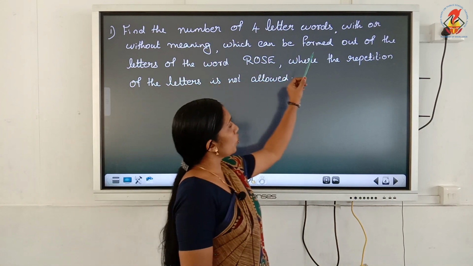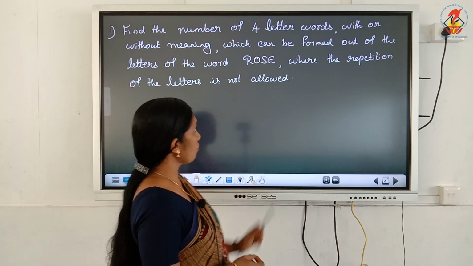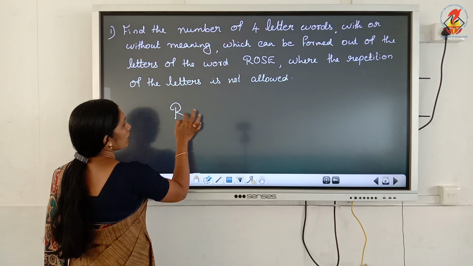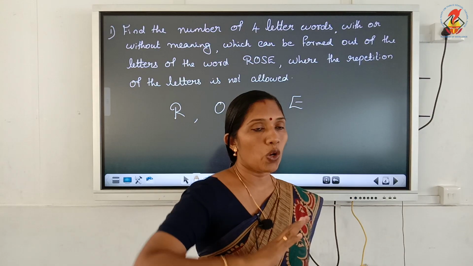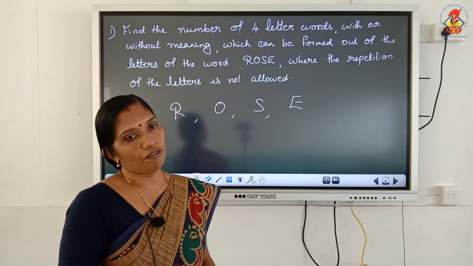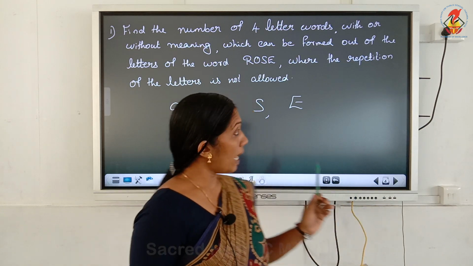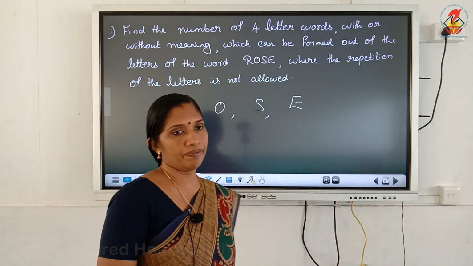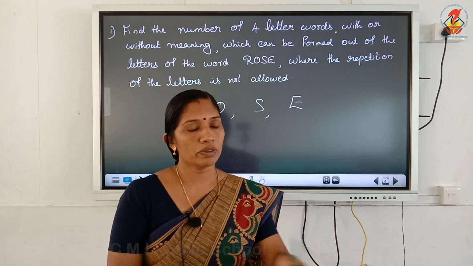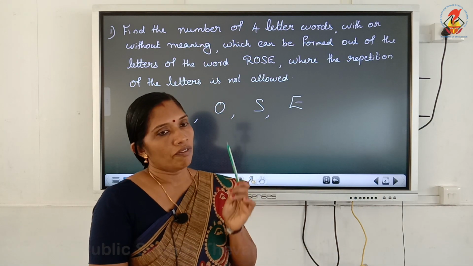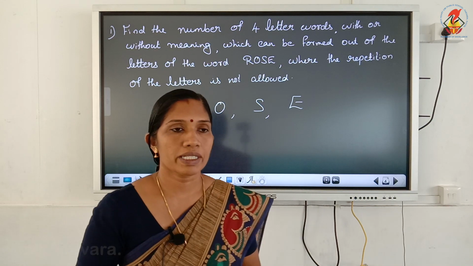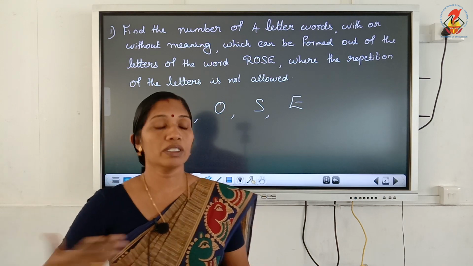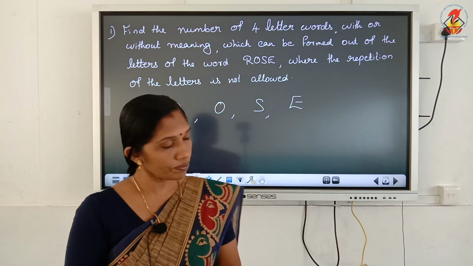Using these 4 letters R, O, S and E, how many different words can we form, with or without meaning, and repetition is not allowed. We can't use R 2 times or S 3 times. Use each only once. Use all the 4 letters and form a 4-letter word. So how many 4-letter words can we form?